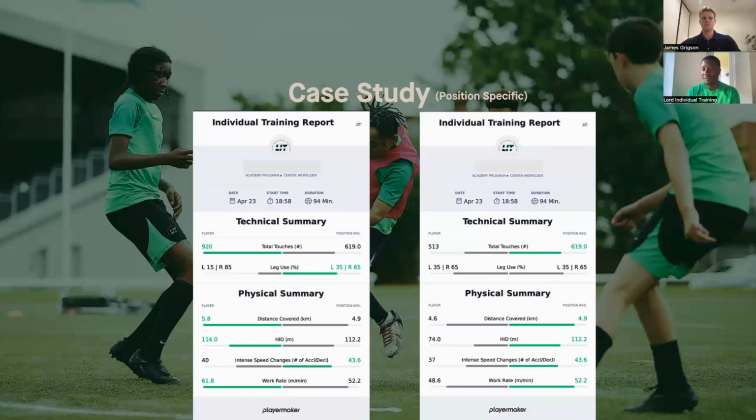So having access to that information helps us really tailor our individual programs for those players and recognize what they're doing both with the club and externally with us, ensuring that we don't increase the load too much. They do experience injuries or niggles here and there, so for us it's about making sure that we support and facilitate what they do in their own environment.